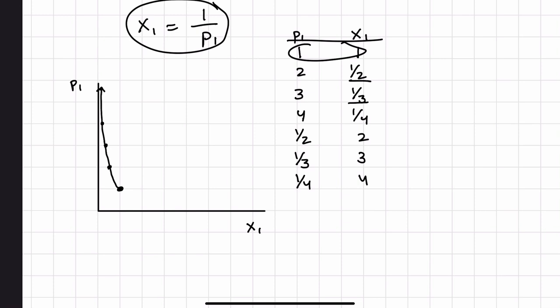And then, 2 on the x-axis to 1/2 on the y-axis. So 2, 1/2, and then 3, 1/3, and then 4, 1/4. And you can see it's symmetrical about the y equals x axis.